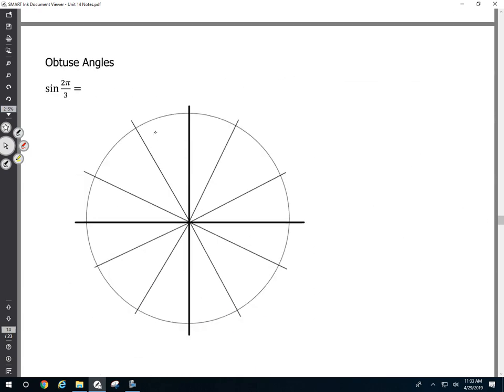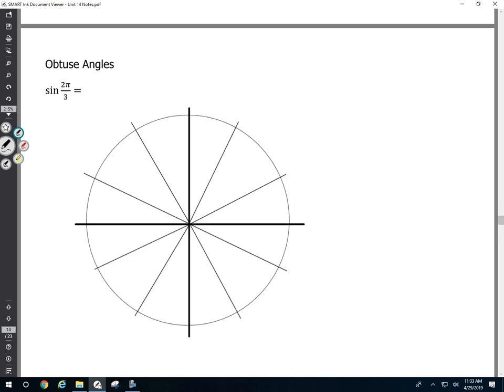Now, if I look at obtuse angles, like the sine of 2 pi over 3, 2 pi over 3 is 1 pi over 3 away from 3 pi over 3. It's right here. And if you think about it, 2 pi over 3 is an obtuse angle. It goes all the way from 0 all the way over here.